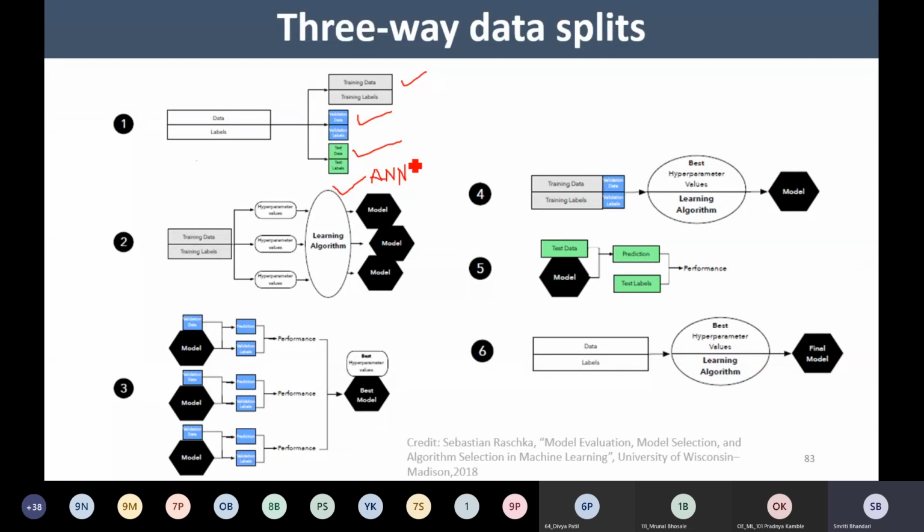So in step number 2, what we are going to do is we are going to select these hyperparameter values manually, right? And we'll be having different settings of those hyperparameter values. What I mean by that, if I'm using ANN, I may have the first set of hyperparameter values like one input layer, one hidden layer and one output layer.